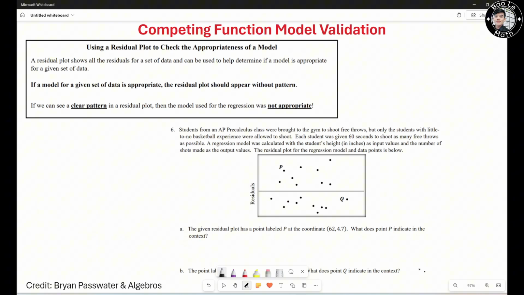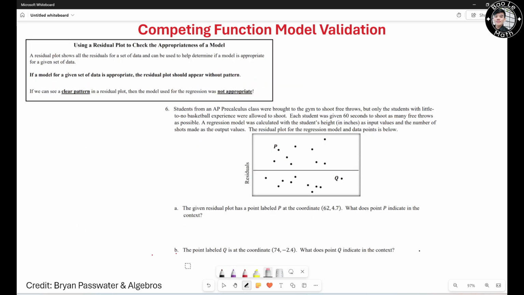Now let's move on to the last example. Given the residual plot right here, the residual plot has a point labeled P at the coordinate 62, 4.7. Alright, what does the point P indicate in this context?